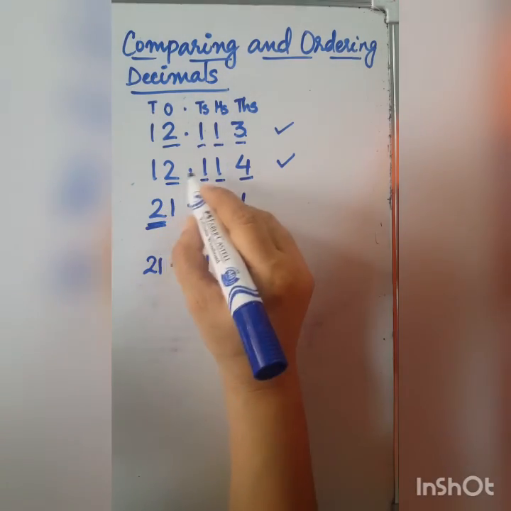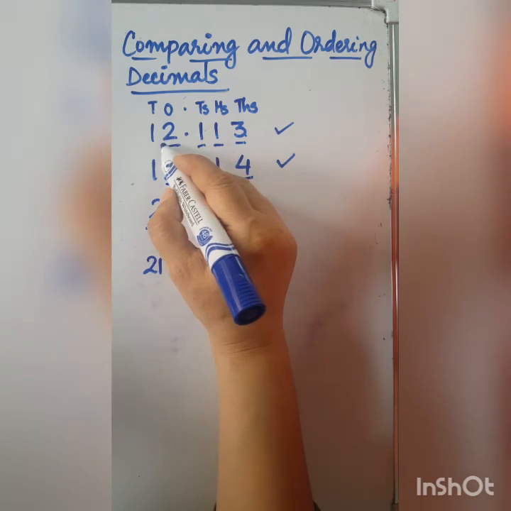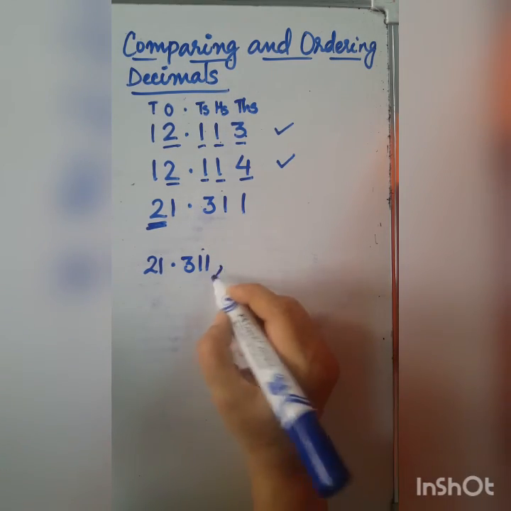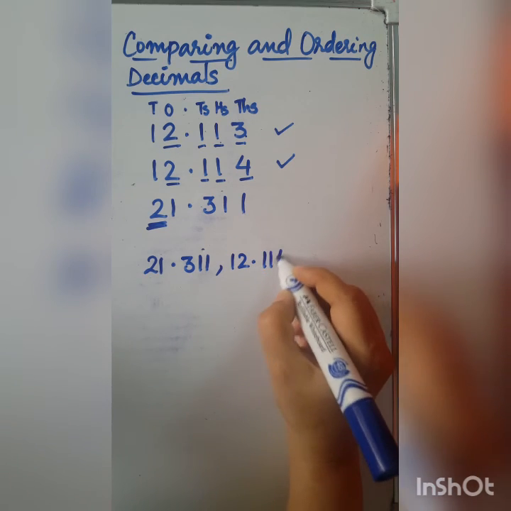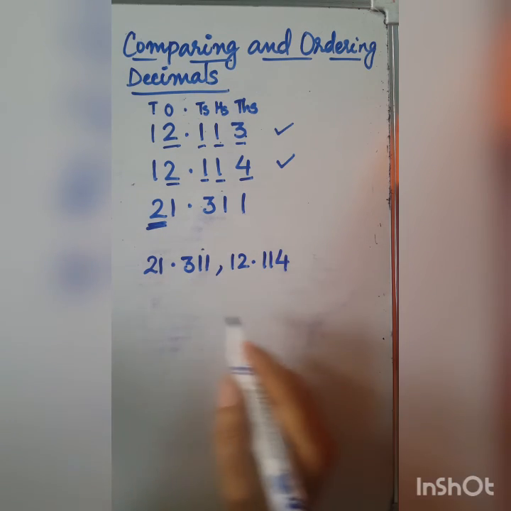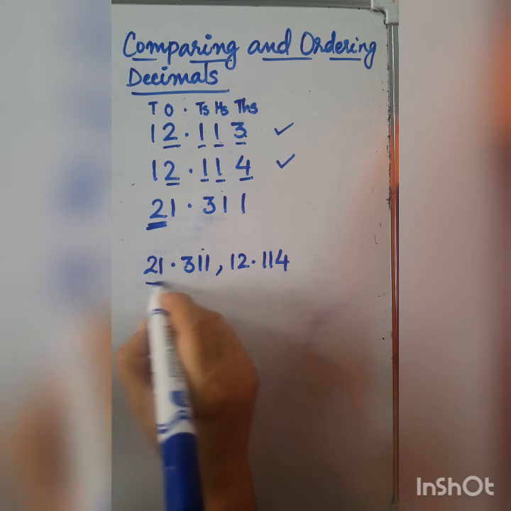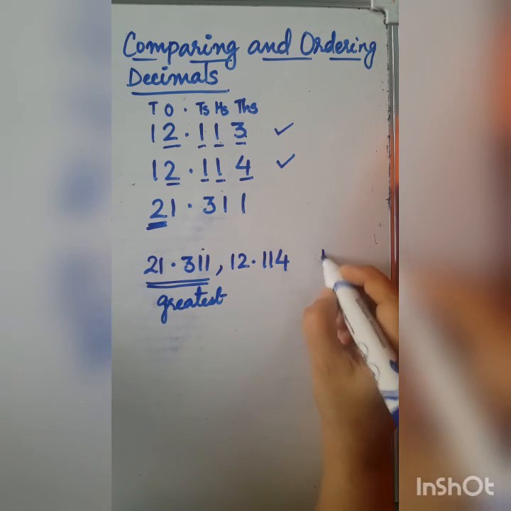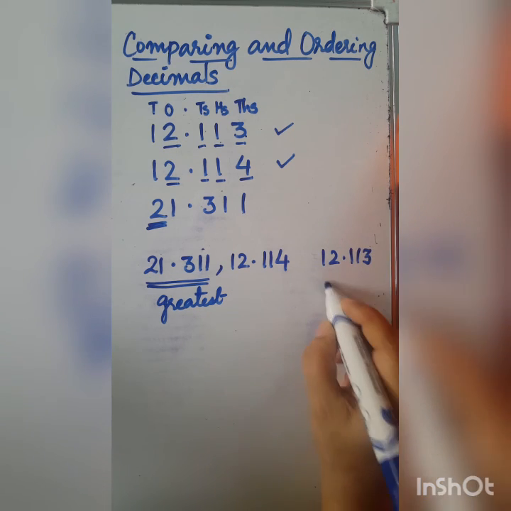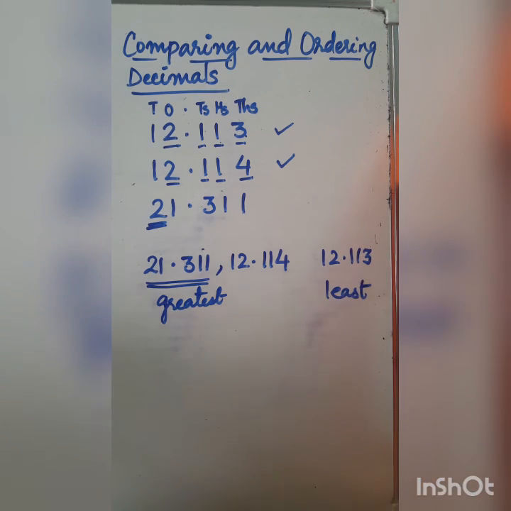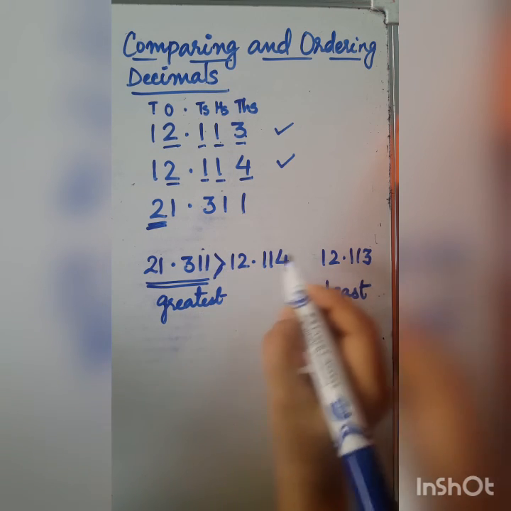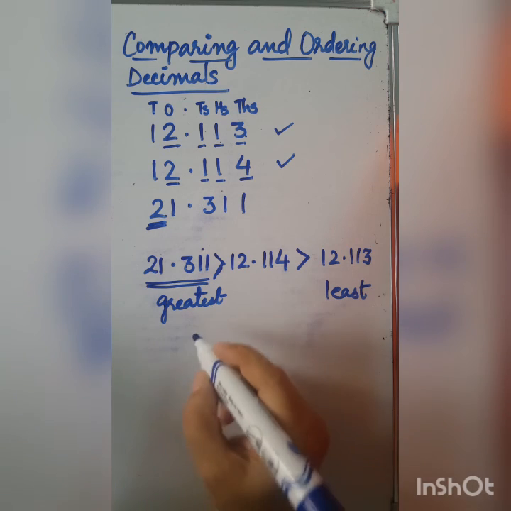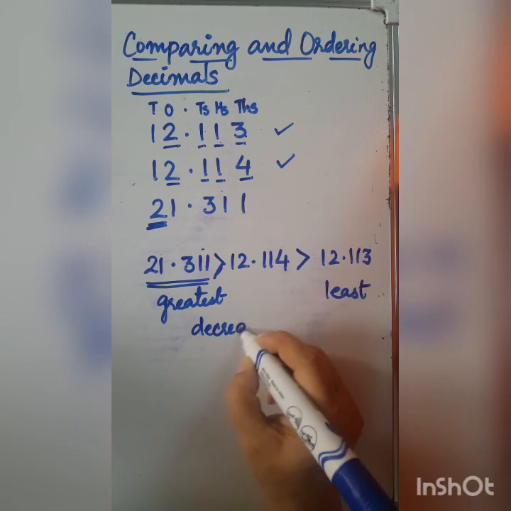That means 12.114 is greater than 12.113. So next in the list is 12.114. While we are moving in the decreasing order, 21.311 was the greatest number, and 12.113 being the least number. So we will place them accordingly to complete our decreasing order.